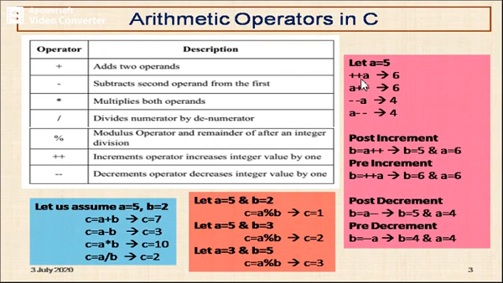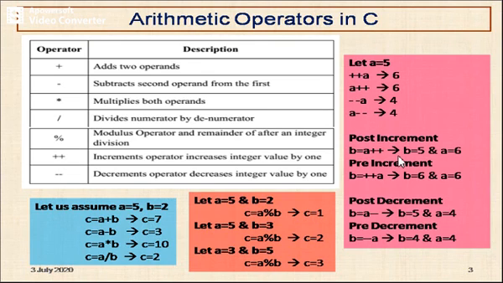So 5 is incremented by 1, so 6. A plus plus, 6. Minus minus A, 4. A minus minus, 4, because this operator is a decrement operator, which decrements the value of A by 1, so 5 becomes 4. In all these operations, only one operand or one data is involved, so these two operators are called unary operators.